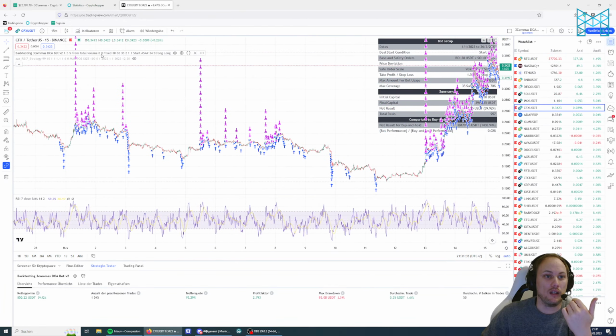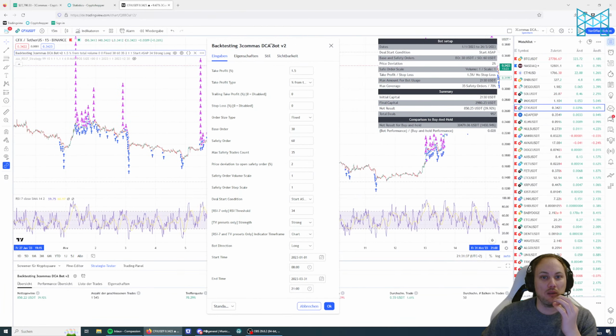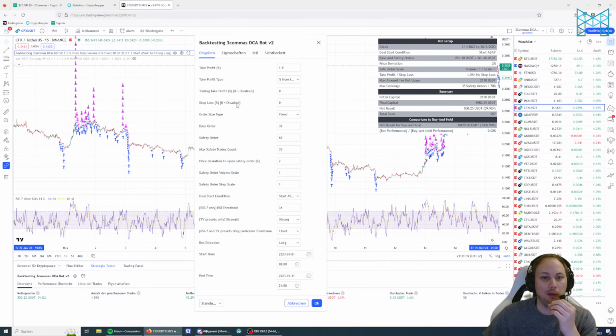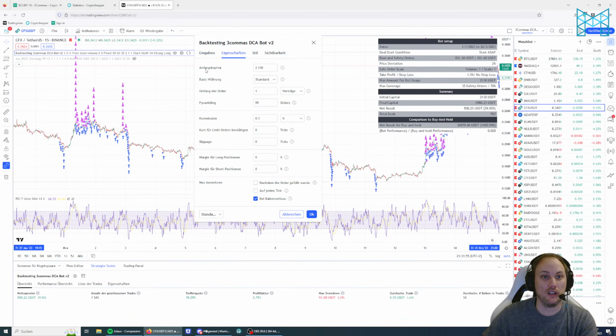But this one I like a bit more because the functions are closer to 3Commas, because you can also put in base order, safety order here. And when you change something, you will get an error here, because it's saying you need to change the invest, because of the starting invest. The other strategy doesn't care about that. So this one is more accurate.